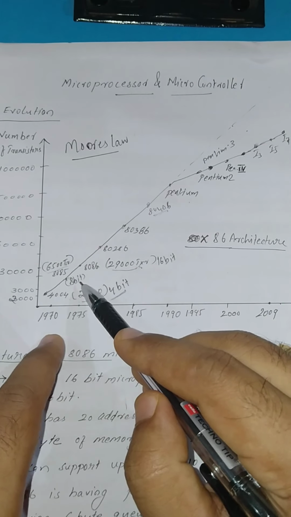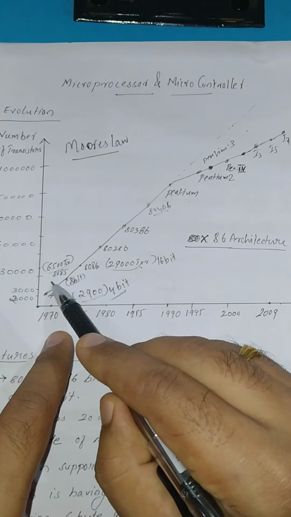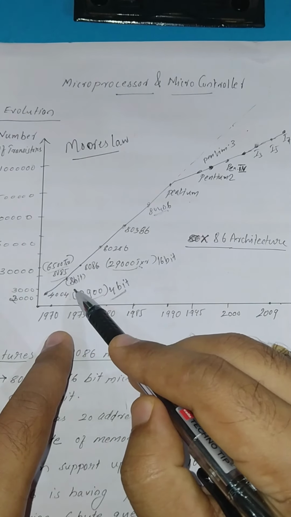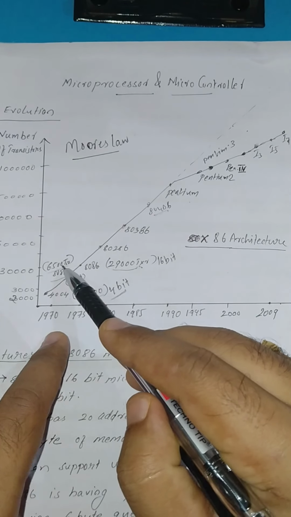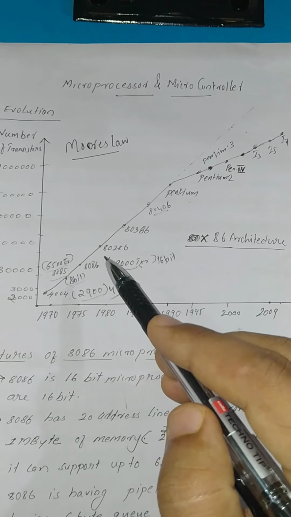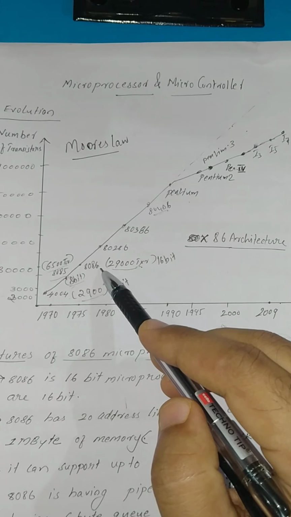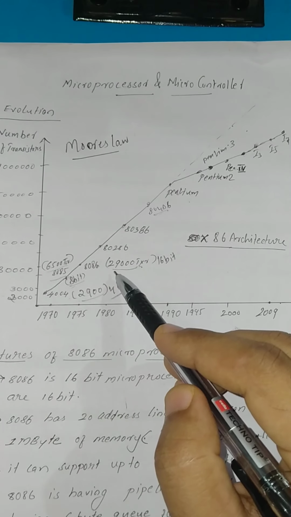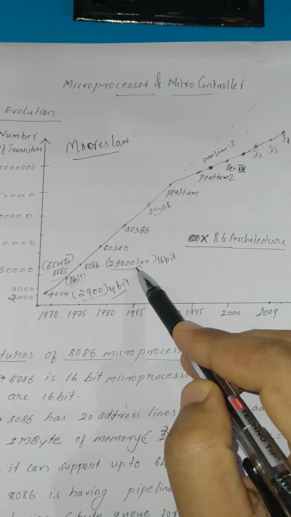Around 1970, Intel made a popular microprocessor, the 8085, which was an 8-bit microprocessor, and Intel was able to integrate 6500 transistors in it. In 1975, the 8086 microprocessor was made by Intel, with 29,000 transistors integrated in it.